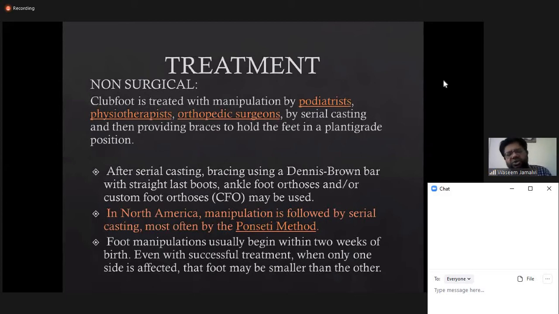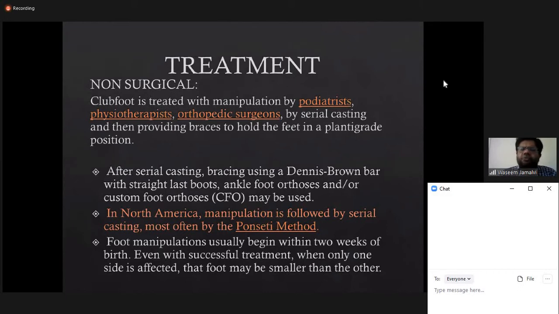If it is unilateral, then the one side of the foot is plastered from the toes to the knee joint, in a different position, and at least five times these plasters can go, then there is a chance of improvement by the serial casting.